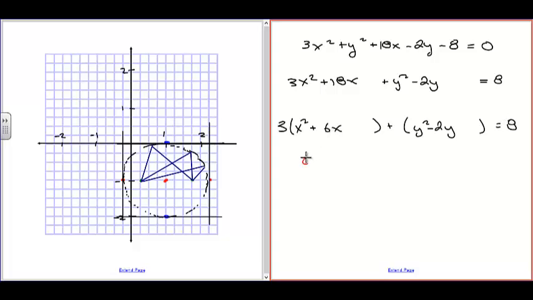Okay, here we take 6 divided by 2 squared, which is 3 squared, which is 9. So we add 9, but we're really adding 27, which is 3 times 9. So adding 27 here, we have to add 27 to the other side.